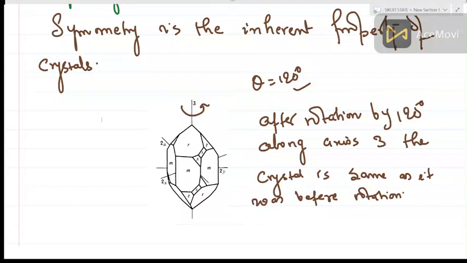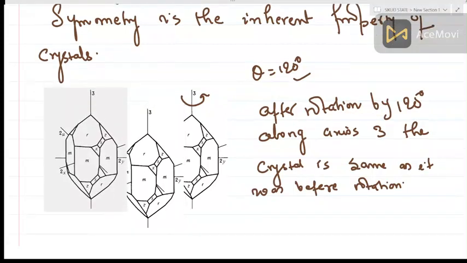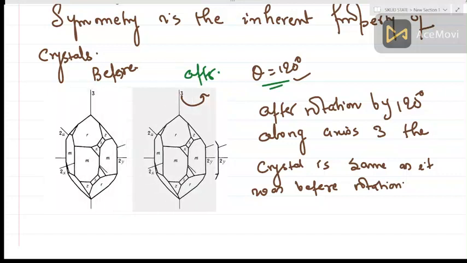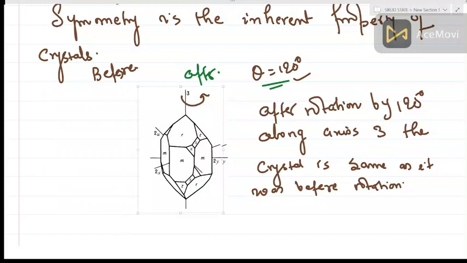If this is the situation before rotation, and this is the situation after rotation by 120 degrees about axis 3, you can superimpose this diagram on that diagram and they look the same.